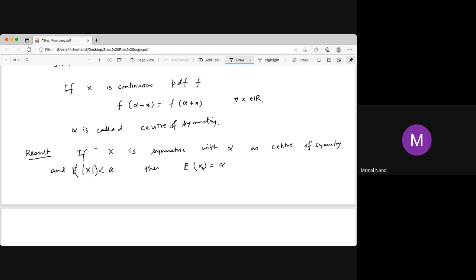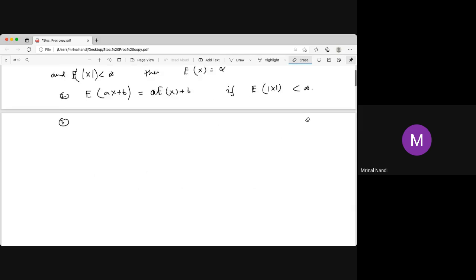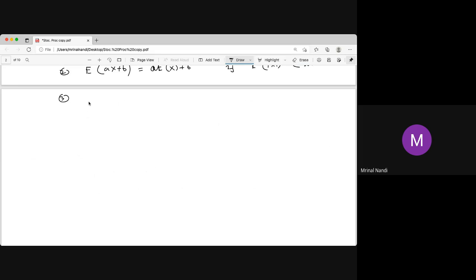Now we have some other very trivial results. The expectation of aX plus b is a times the expectation of X plus b. So if the expectation of X is finite, that is, if it exists, then this is true. If it does not exist, then there is no question of equality. Another result: if X is bounded, what do we mean by bounded?